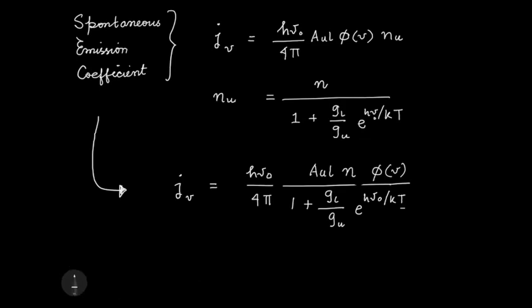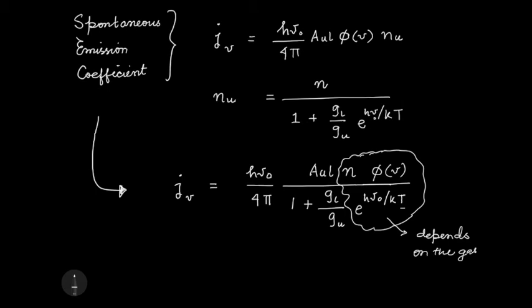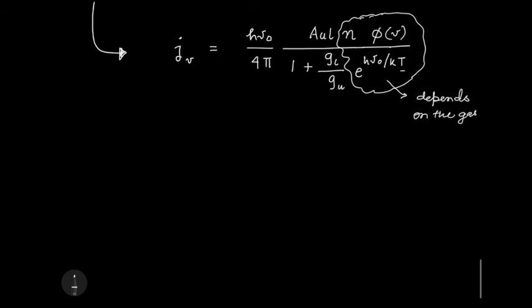Here also I see a temperature sitting over here. This what I wrote as Nu is essentially N. So this is N because Nu I have replaced. So these three quantities here depend on the gas. Everything else is coming from the atomic physics.